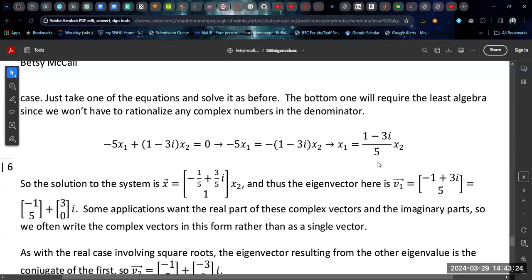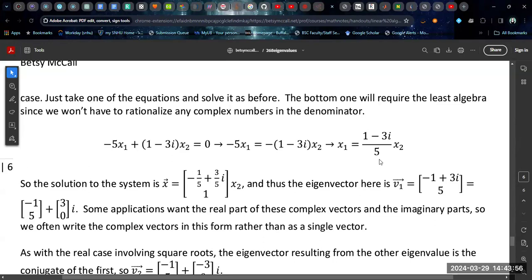And then I divide by my -5, and I end up with x1 is equal to this crazy 1 minus 3i over 5, all of that times x2. The real part of this coefficient is 1/5, and the imaginary part of this is -3/5. And so my vector is going to be 1/5 and -3/5, and then 1 in the next component.